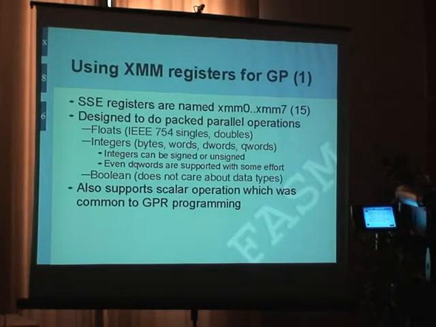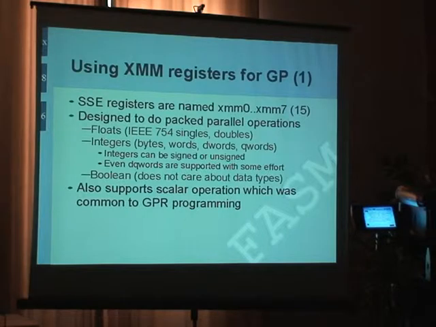And now the main talk about XMM registers and how to use them for general purpose computing. The registers are named from 0 to 7. There were 8 before. Now with 64-bit architectures there are 16 of them. They're designed to do parallel operations.